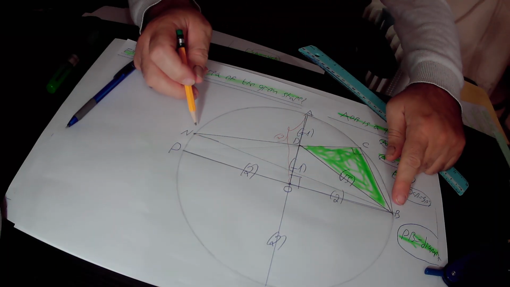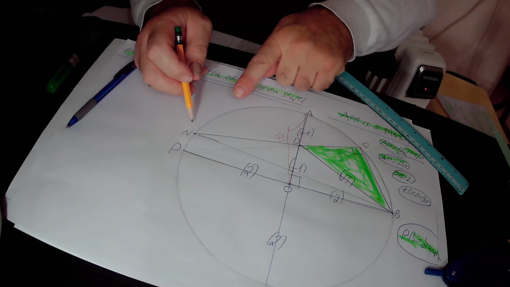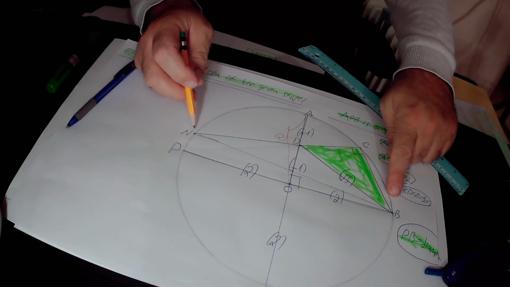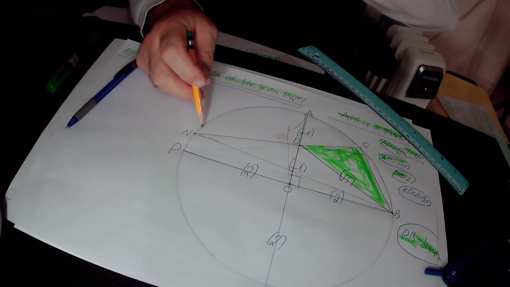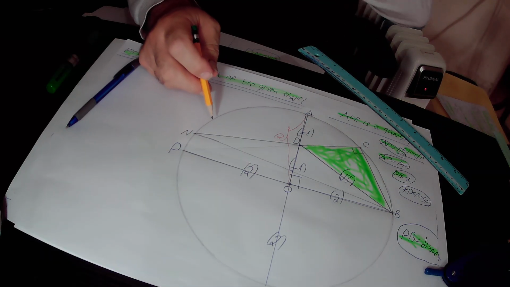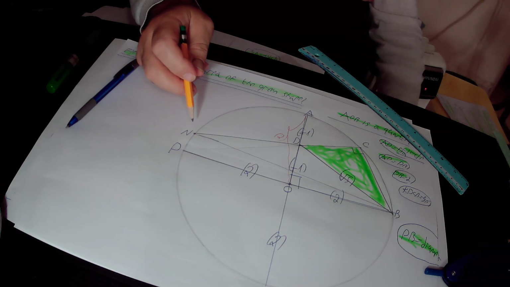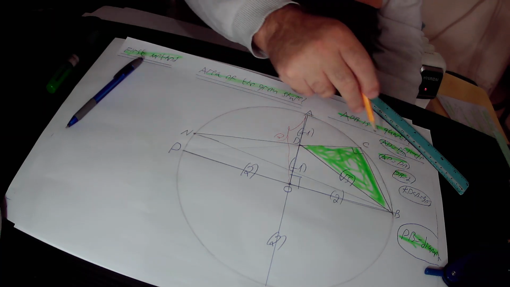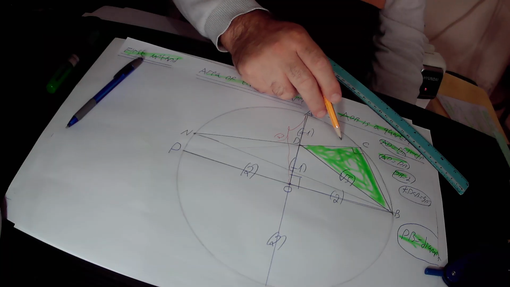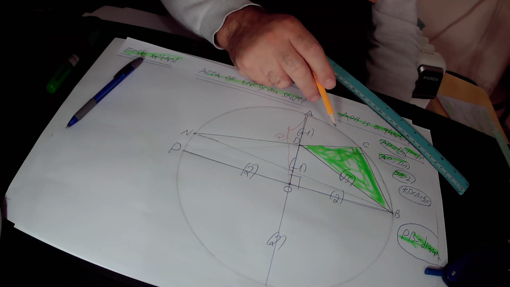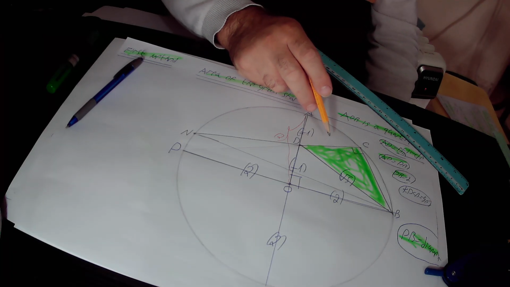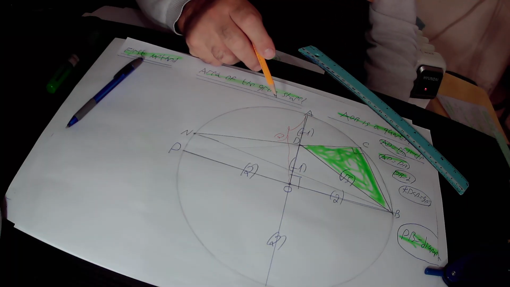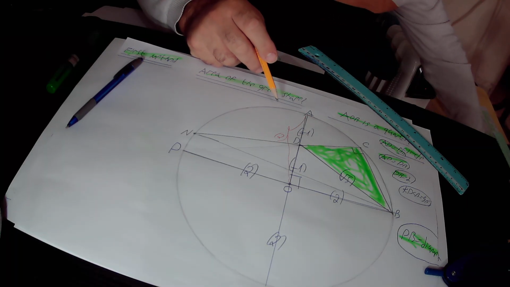This is chord BN, and peripheral angle BCN subtends chord BN. Chord BN doesn't pass through point O, that is the center of the circle, and we know that any chord that doesn't pass through the center of the circle cannot be the diameter. So we have peripheral angle BCN equal to 90 degrees inside, and still it doesn't subtend the diameter of the circle, and therefore it is a contradiction to rule 5.